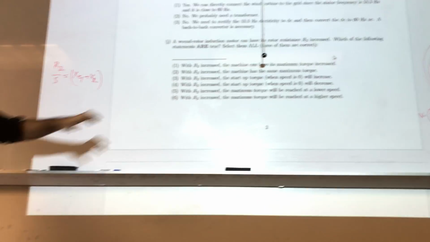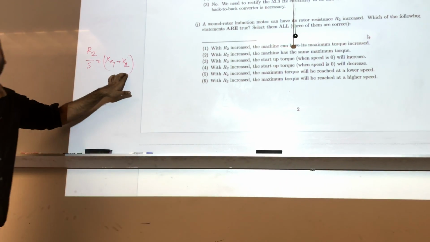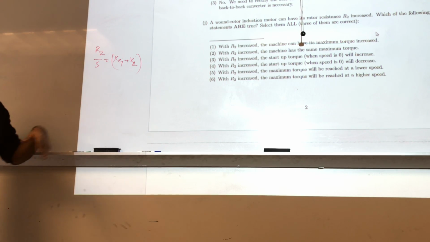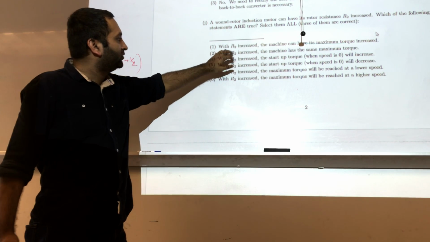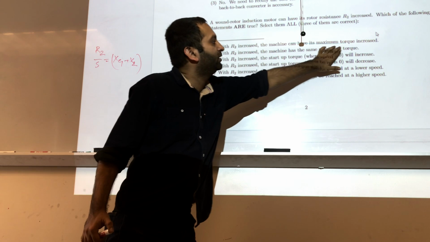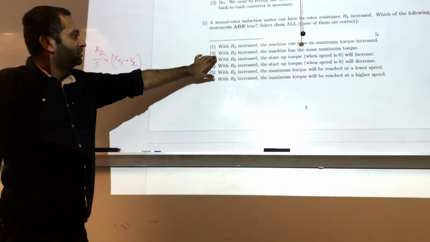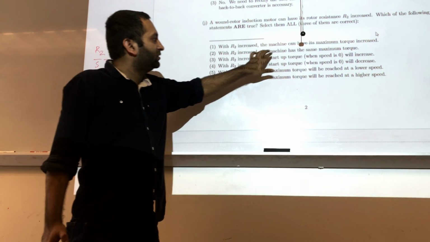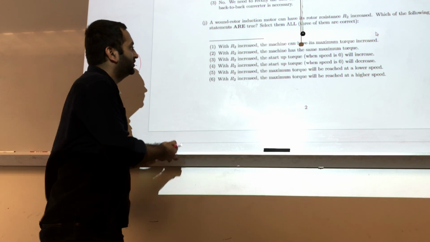So even though R2 increases, this will not increase. It doesn't change. So the statement that when R2 increases, the maximum torque will increase is false. Even if R2 increases, the machine will have the same maximum torque. So this one is true.